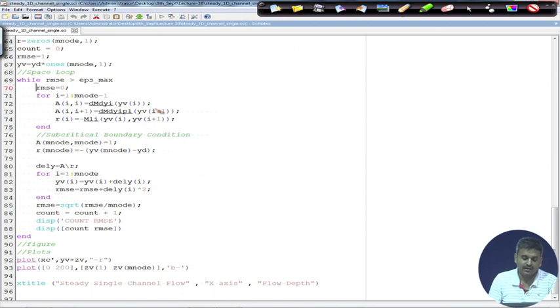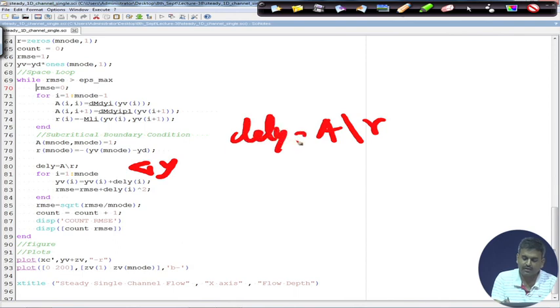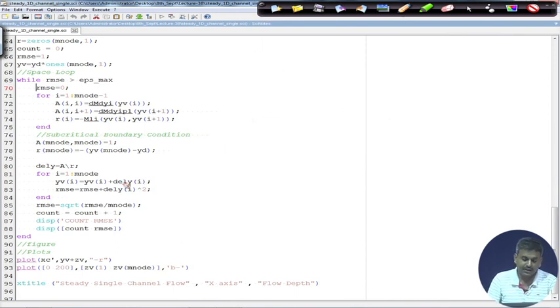Now, I have generated these equations and I need the boundary condition. Finally, I need to solve this delta y. After solving this delta y using backslash, this is an internal function of Scilab, I am utilizing it for the delta y calculation. Now, after getting this we need to update this yv. Simultaneously we can also calculate this RMSE value, and finally we can get the RMSE value and the count here.